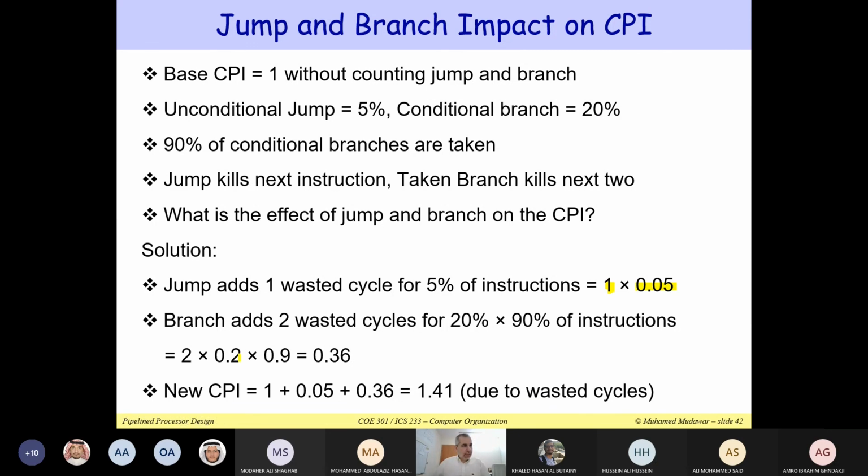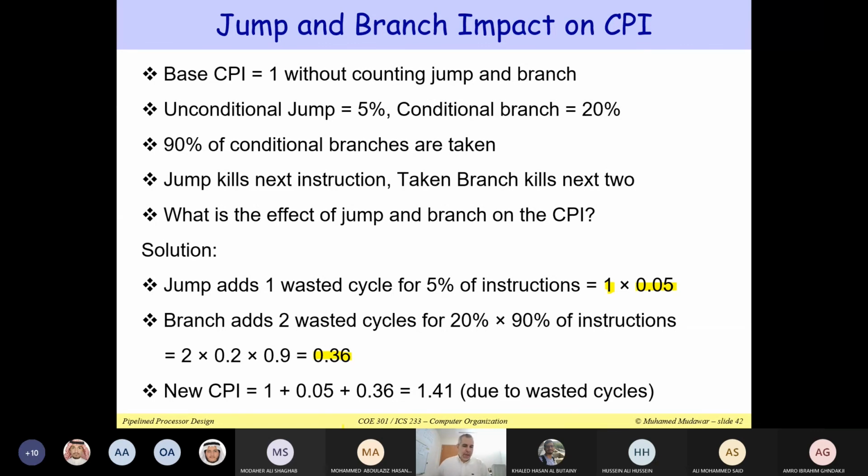This gives me 18 instructions that will be taken branches. And every time a branch is taken, we waste 2 clock cycles, so the next 2 instructions are converted into bubbles. So we get 36 out of 100, which is why I'm writing 0.36.